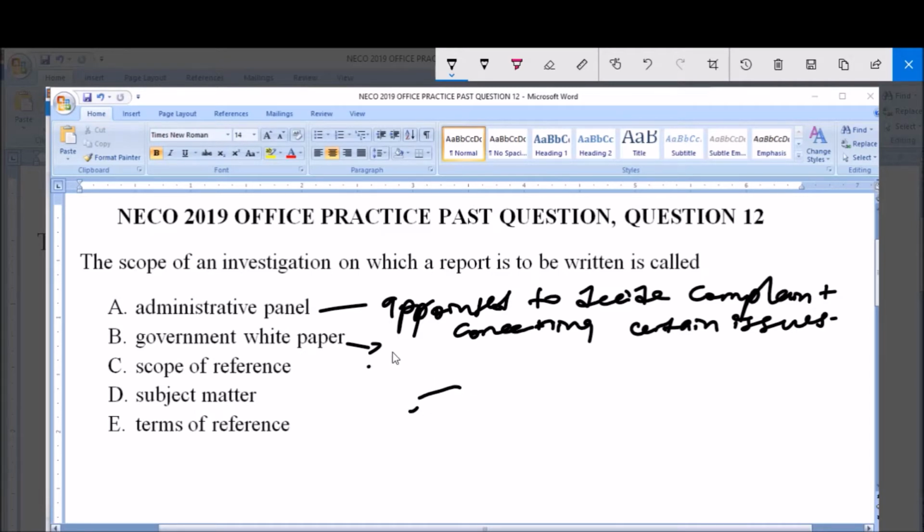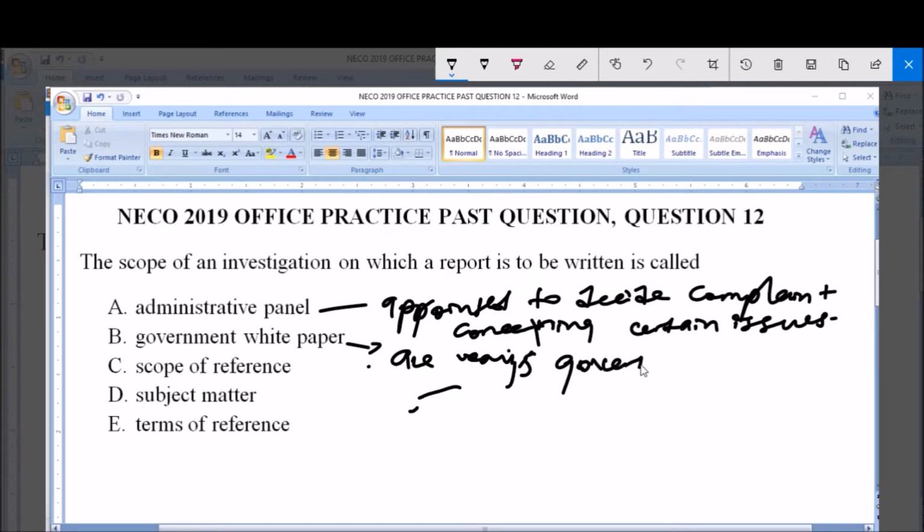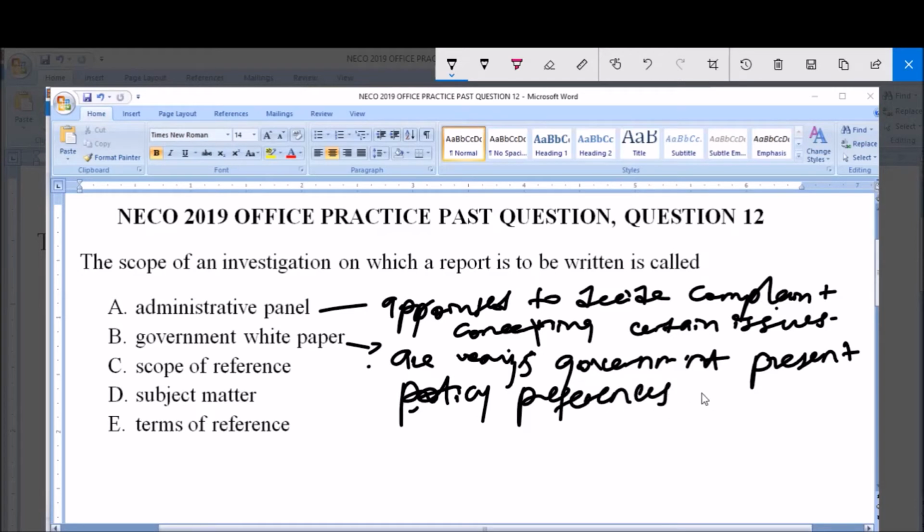And so therefore it allows for public opinion.